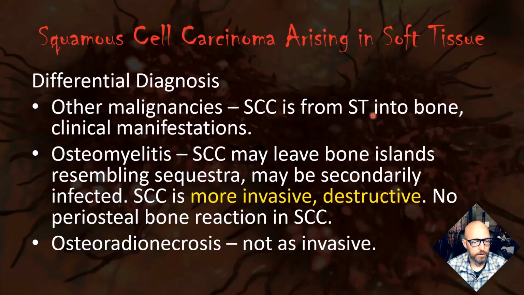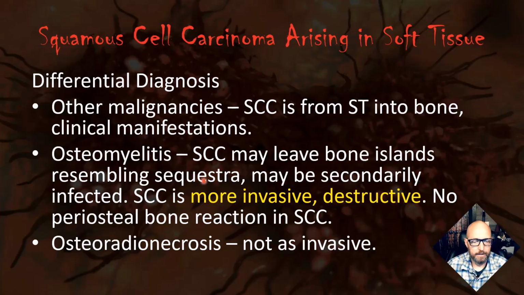Okay, so from the soft tissue into bone, osteomyelitis. This is pretty rare. Look, if you see something you're pretty sure are sequestra, especially when it has that chronic appearance, where you have those really dense sequestrations, that's more your osteomyelitis, more your chronic osteomyelitis. What we're describing here is squamous cell carcinoma may have that ragged appearance, and in some cases those spindles of trabeculation left behind might look like sequestra.